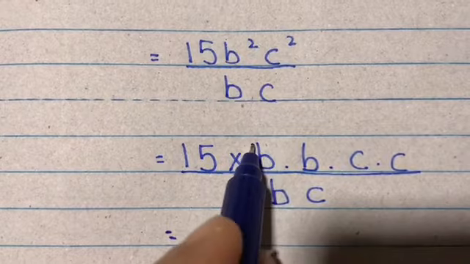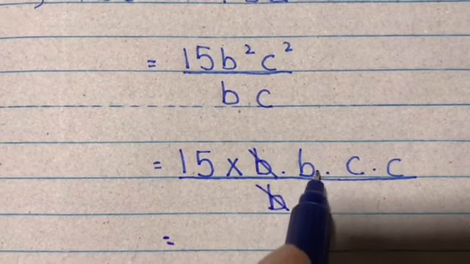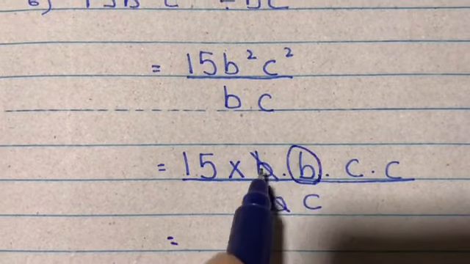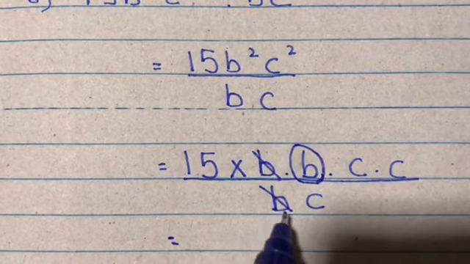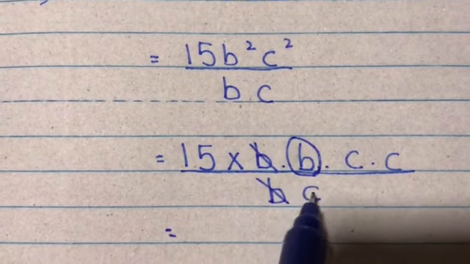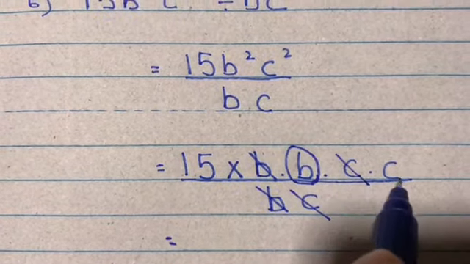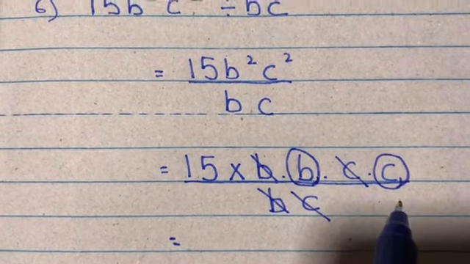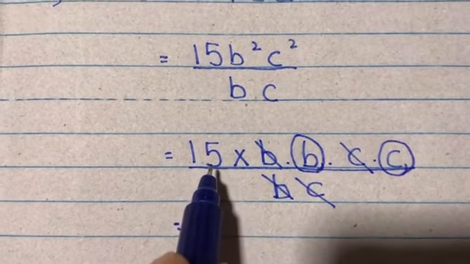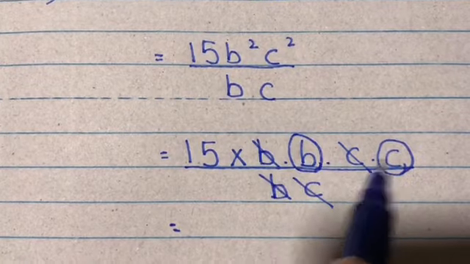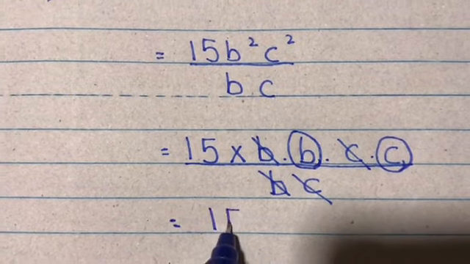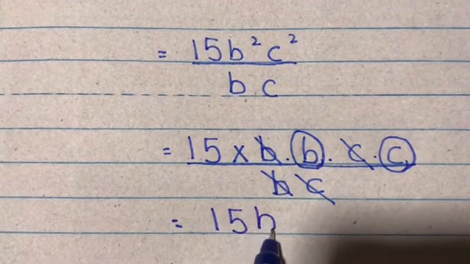Now we are going to reduce the letters. 1B with 1B cancels out, top and bottom, 1B is left. 1C with 1C cancels out, 1C is left. So at the top you have 15BC.